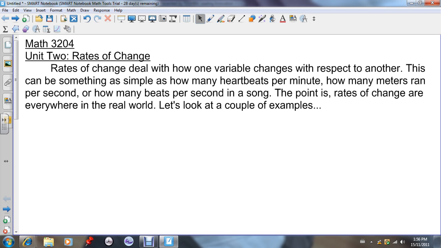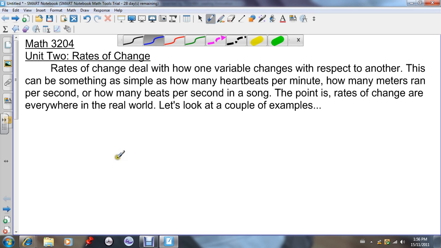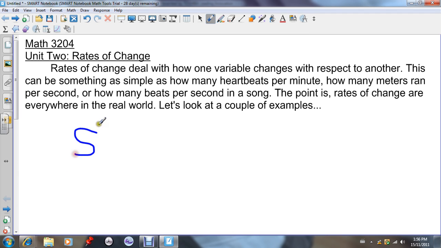Before we go on, what's the most common thing we've ever seen when it comes to something over something? A rate of change. You've seen it since about grade 2. Starts with S. L. O. No, it's not slop. Aha! Slope. This is a very important concept in this unit.